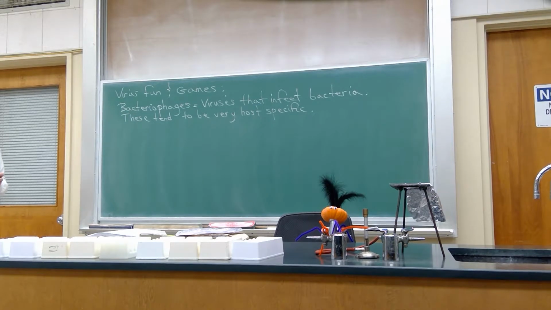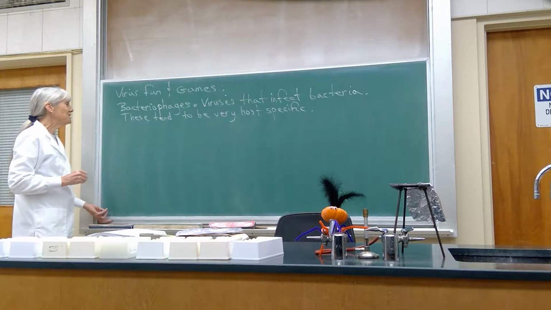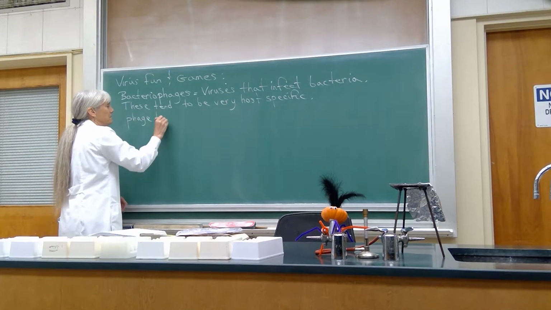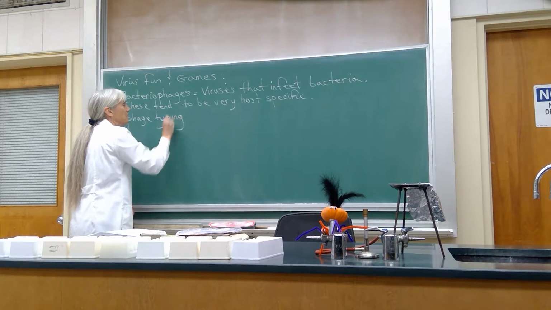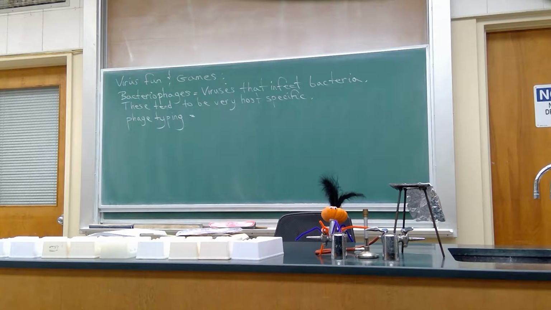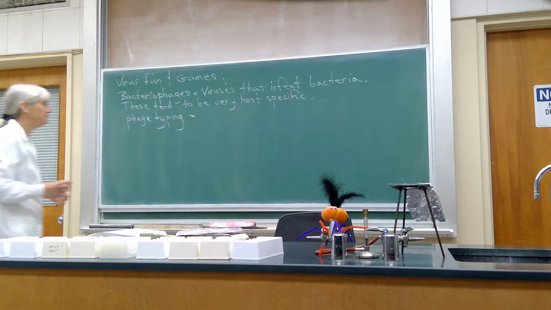Consequently, bacteriophage can be used for phage typing. We talked about bacteriophage typing way back when I was talking about different criteria that could be used for classification. It's basically the process of using known types of phage to identify unknown types of bacteria.